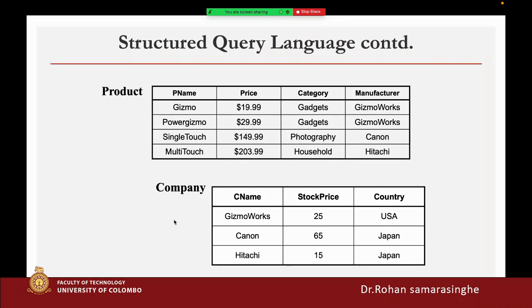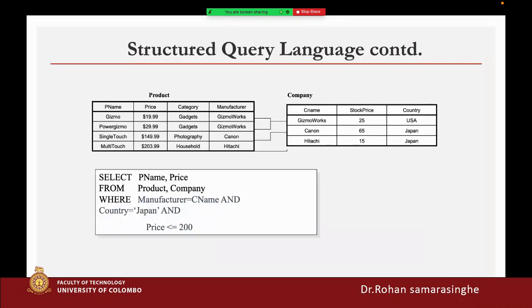When you use that previous clause to retrieve the data, let's see, select P name and the price, product name and the price of this, where you can get the price, product name and the price from product and the company, because you have to use this one, where the manufacturer equals C name and country is Japan and price is less than 200.